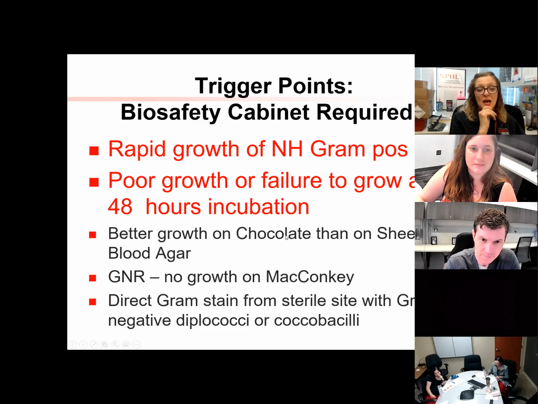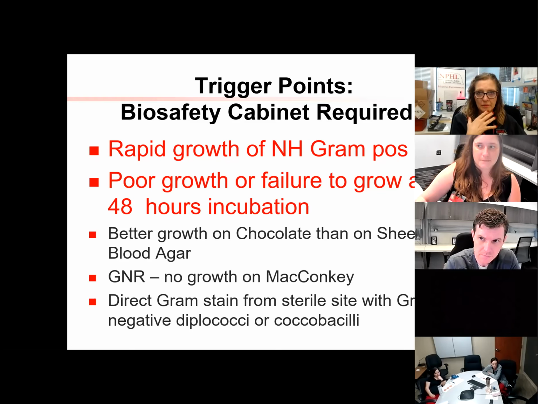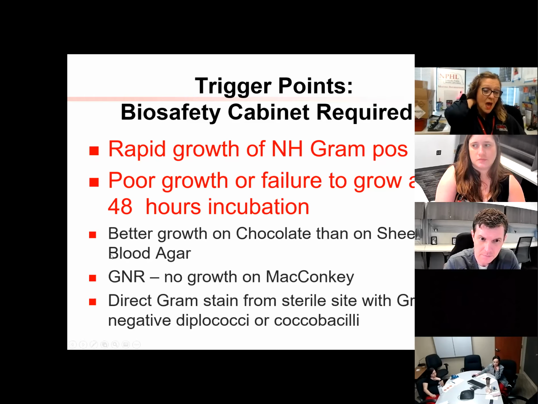If you see something growing really well on chocolate, think it's a Haemophilus, and then see a little growth on sheep blood, be aware. Just be aware. There are some scenarios that might occur.